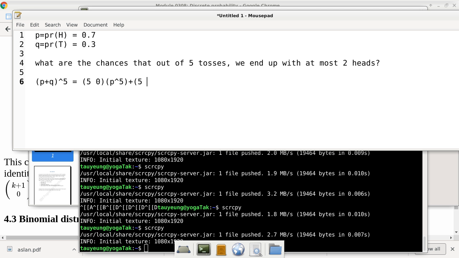And it has 5 choose 1 of p to the power of 4 times q, right?